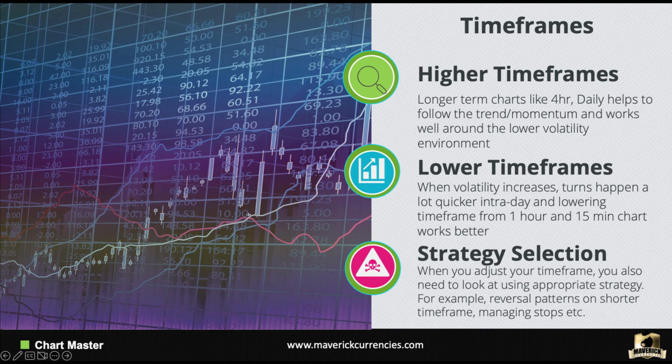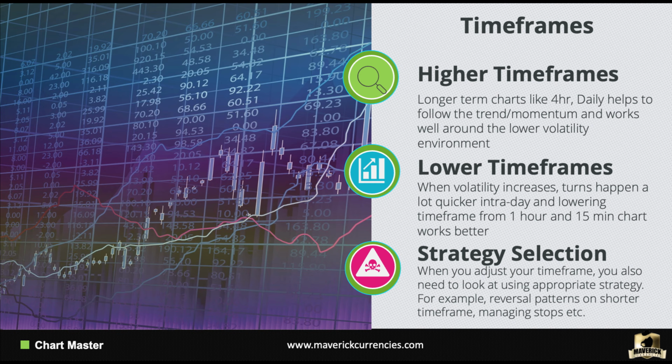We can look at two different kinds of time frames: higher time frames and lower time frames. Higher time frames, like longer term charts such as a 4-hour or even a daily chart, do a really good job at recognizing trade momentum, and they work really well in low volatility environments. When we have a direction with low volatility, the higher time frame works the best.